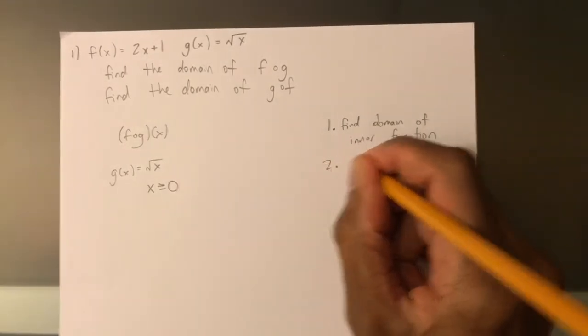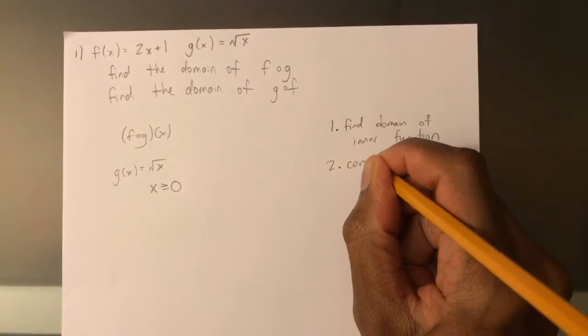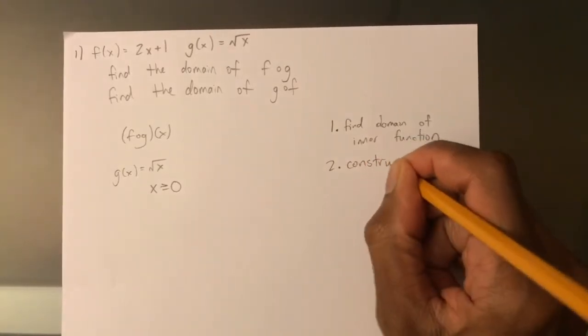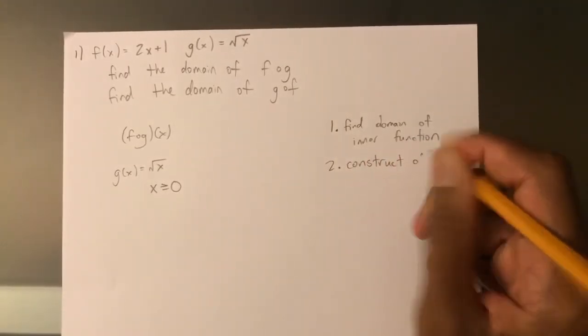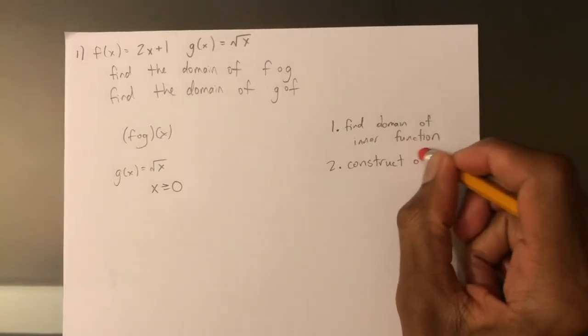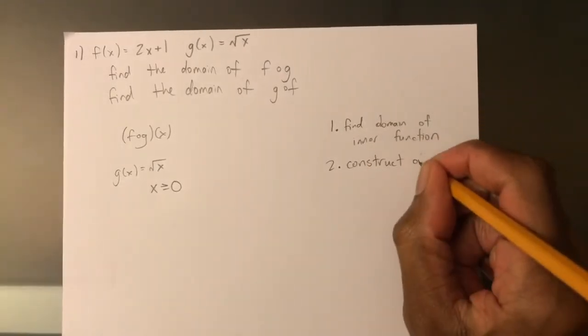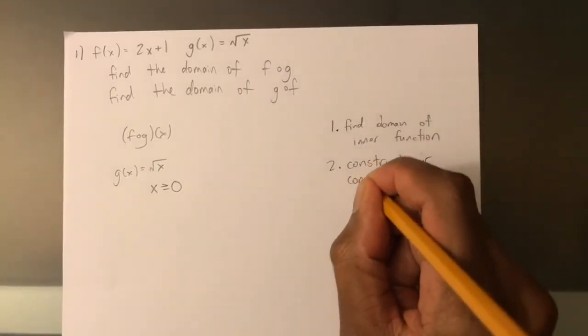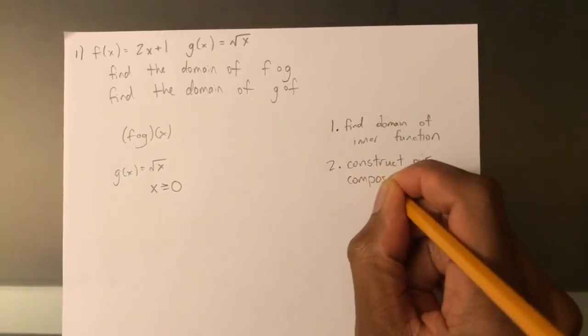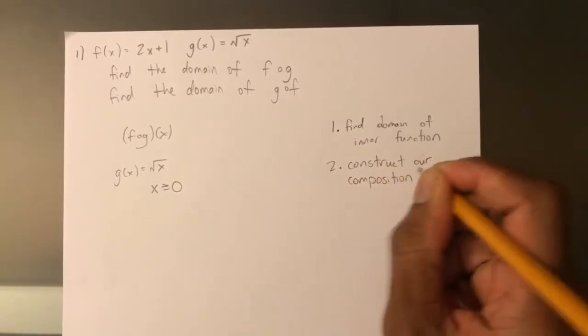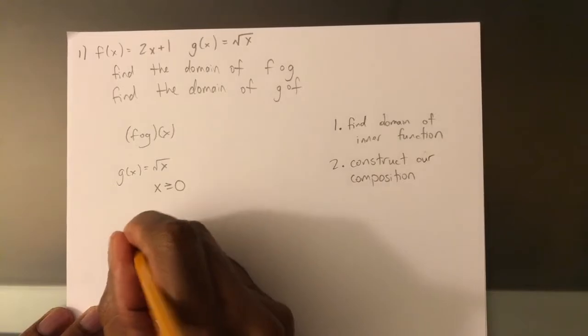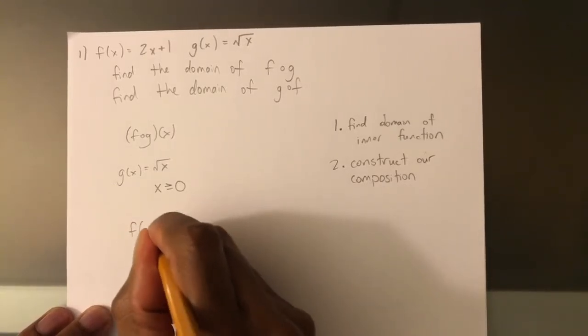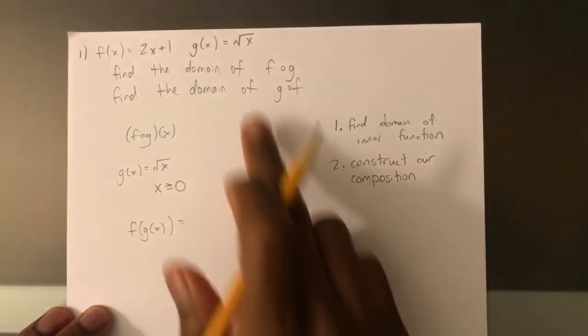Step 2, we need to actually construct our composition. We need to put it together to figure out what our composition, or our composite, is here. So let's do that. Let's find f of g of x. Should be pretty straightforward. Plug g of x into f of x.